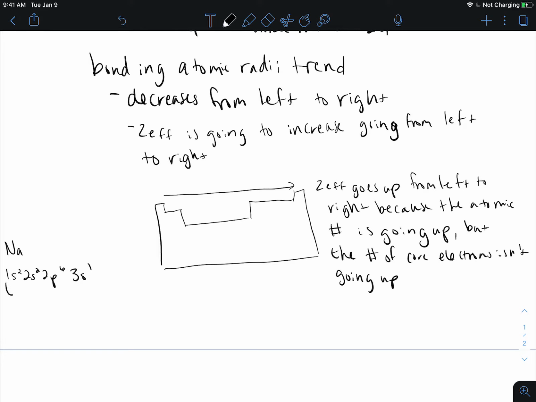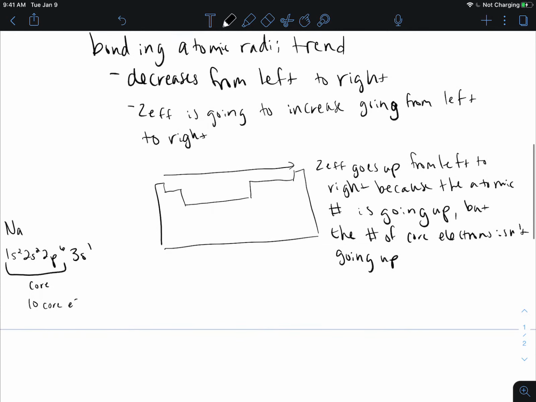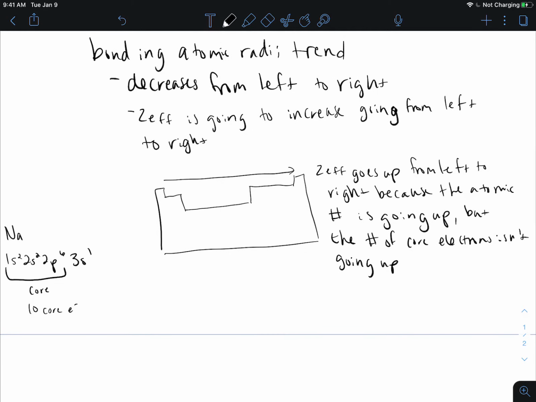All of these are core, so it has a total of 10 core electrons. And remember, our core electrons shield better than our valence electrons. In the case of sodium, we have 11 protons.